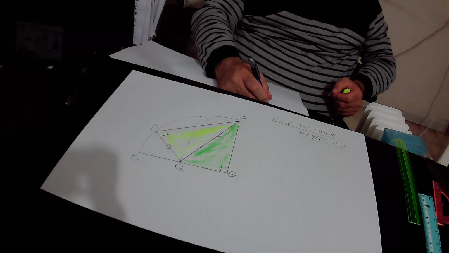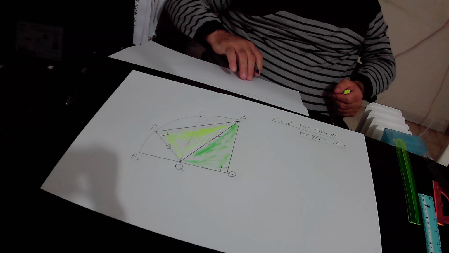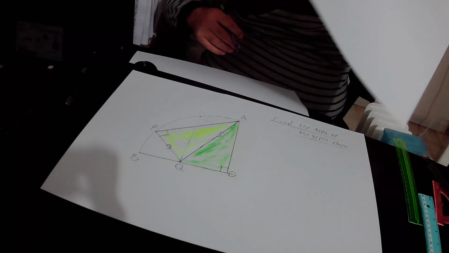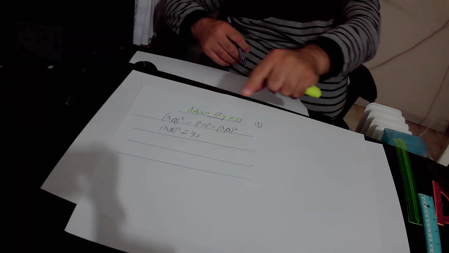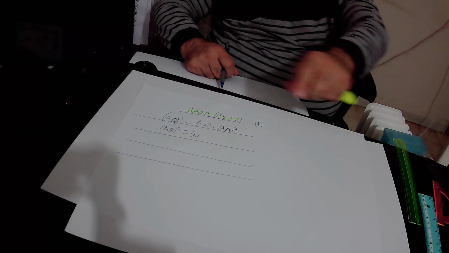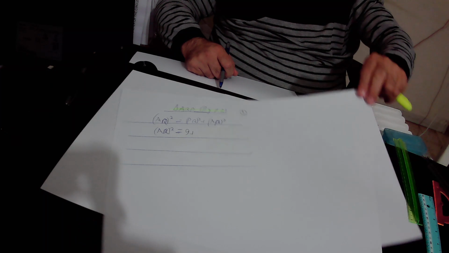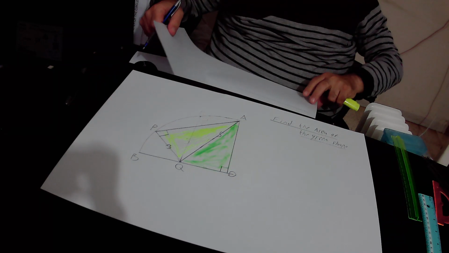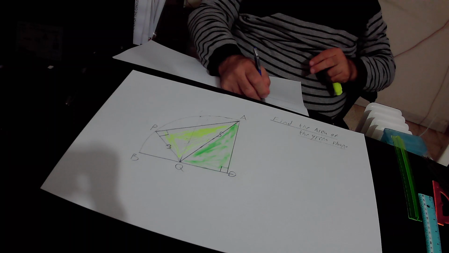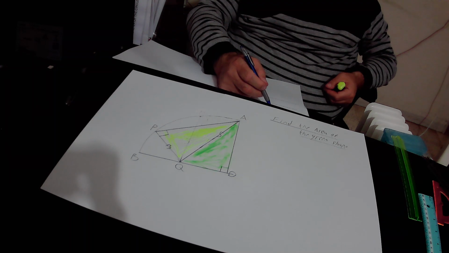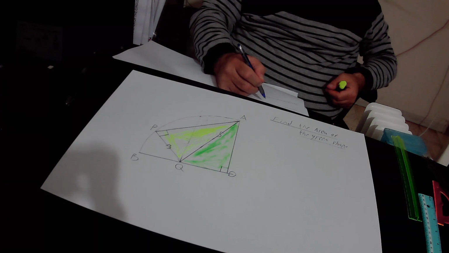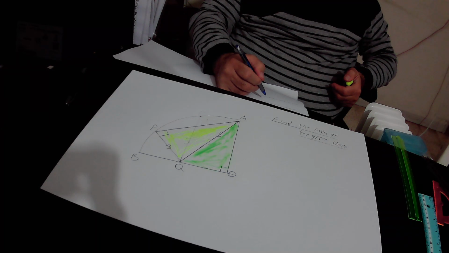Repeat again. According to the Pythagoras theorem, in the yellow right triangle, AQ square equals PQ square plus AP square. AQ equals 5 units, therefore AQ square is 5 squared, that is 25, and it is equal to PQ square.